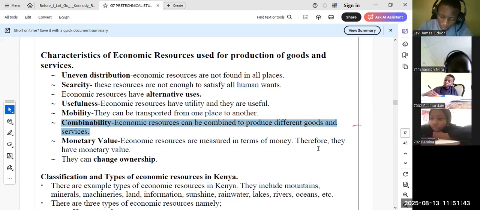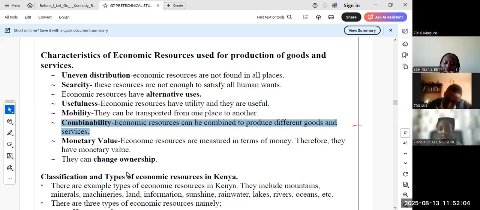Vela, yes, what is next? Monetary. We're waiting on you, Vela. David, assist her.